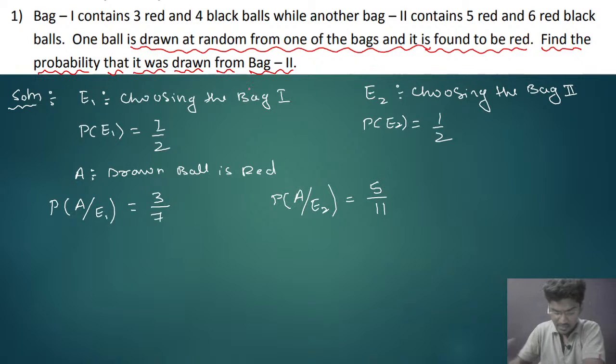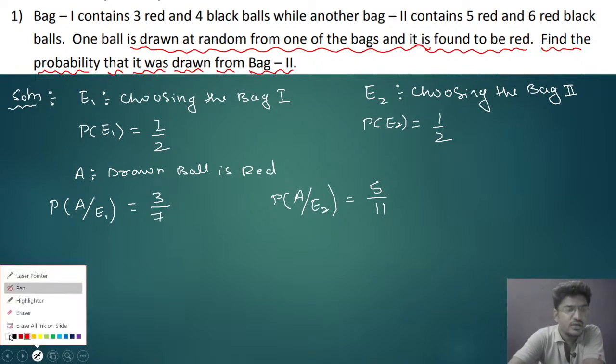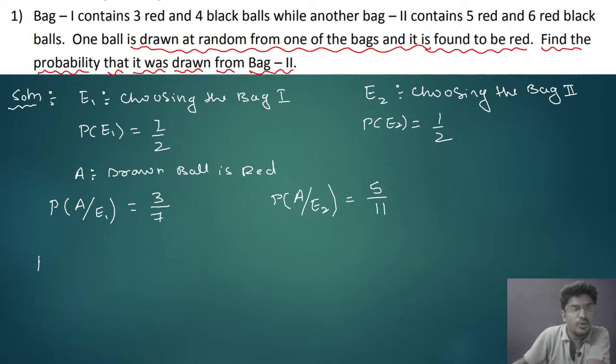That means we have to calculate the probability of it having been chosen from bag 2, such that we already know that it is red.